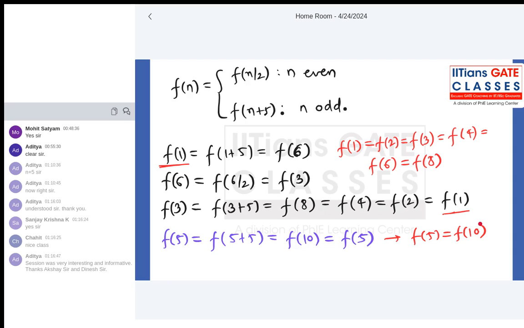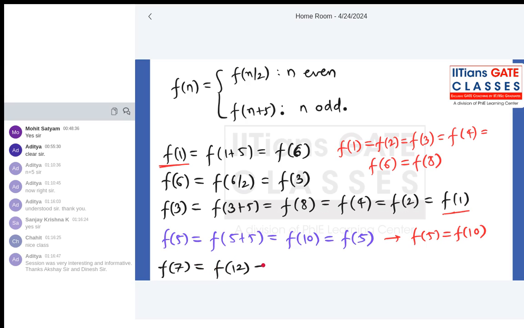Okay. Now what is remaining? 1, 2, 3, 4, 5, 6, 7 is remaining, 9 is remaining, and values higher than 10. So now we'll check f of 7. 7 is an odd number, so you have to add 5 to it.